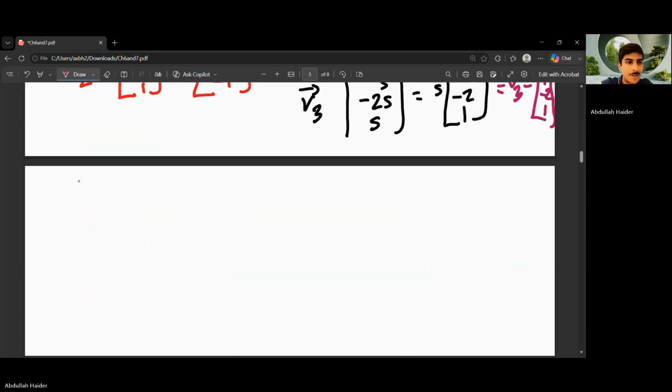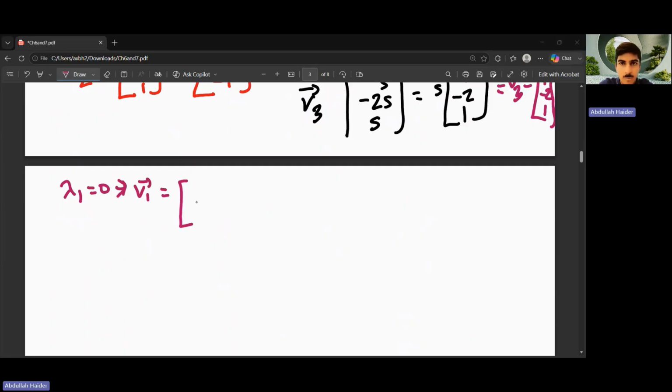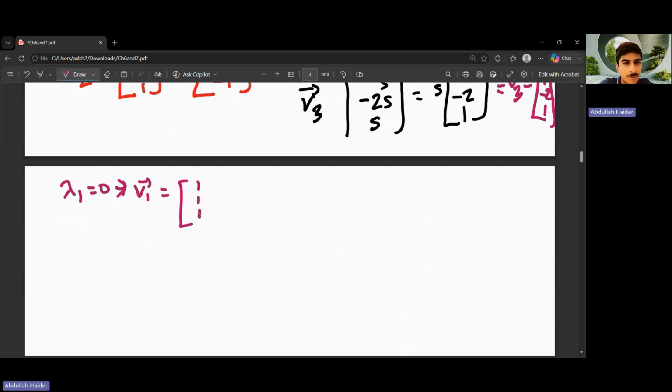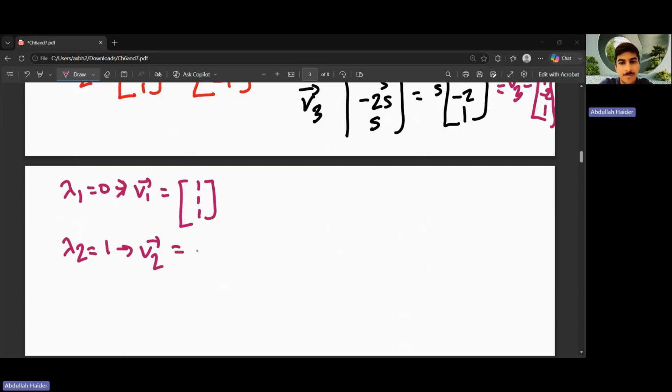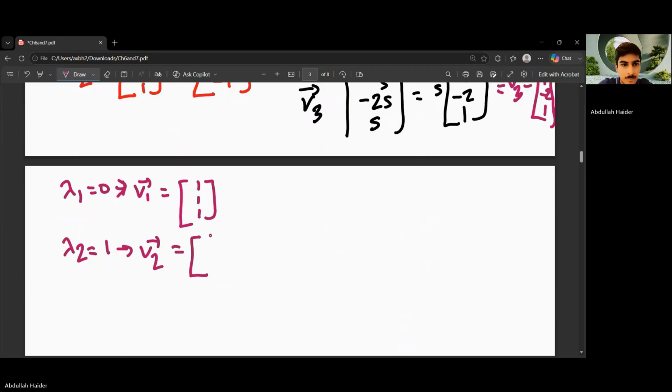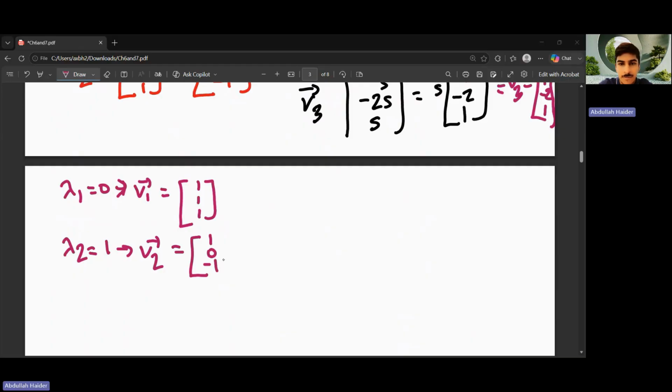So now what we can write is, for lambda 1 equal to 0, your eigenvector was 1, 1, 1 from above. Then lambda 2 is 1, meaning the eigenvector corresponding to this eigenvalue is 1, 0, -1.